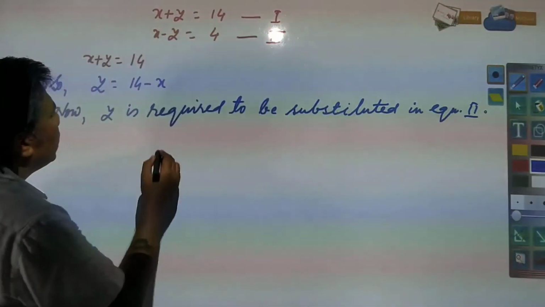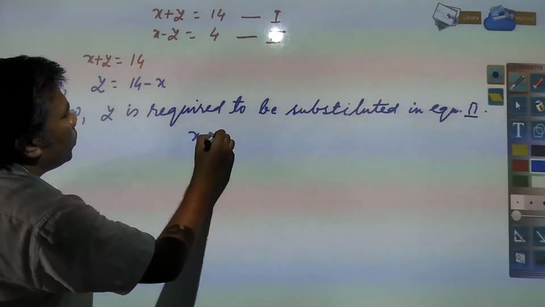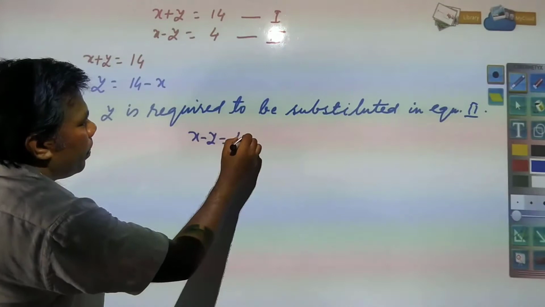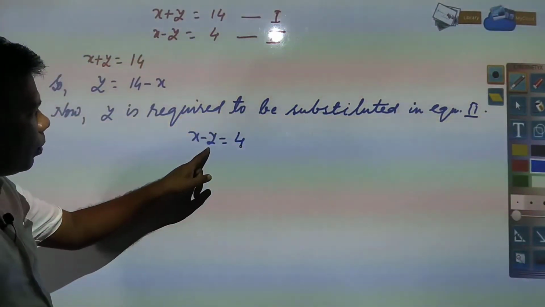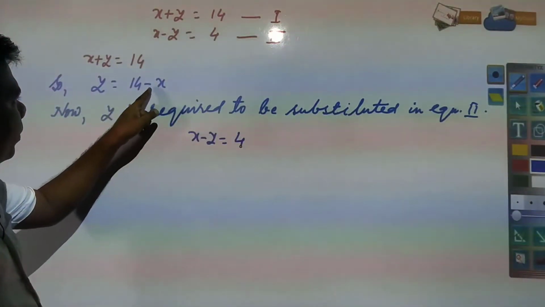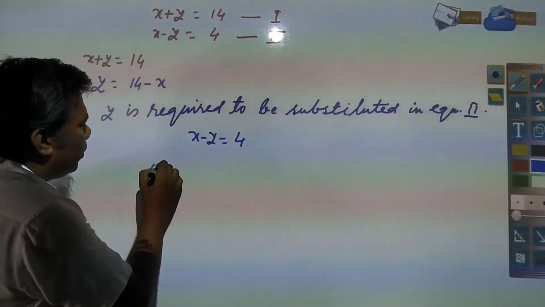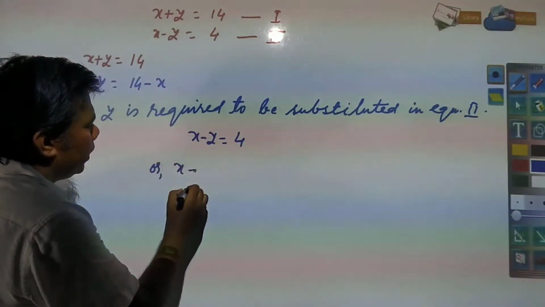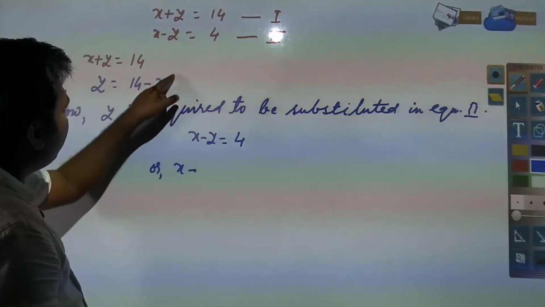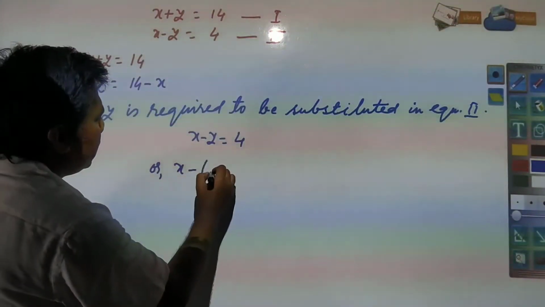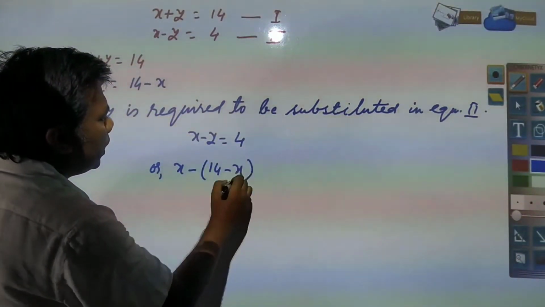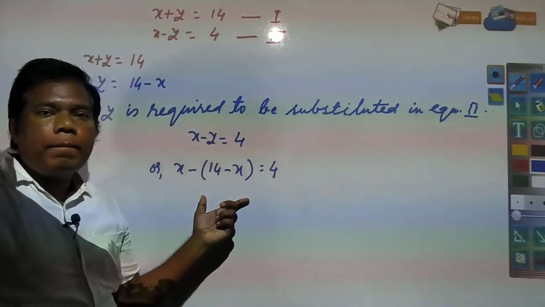Here you see your equation, you have x minus y is equal to 4. So here the value of y is required to be put, 14 minus x. So it can be written as x minus, in place of y we will write 14 minus x, and that is equal to 4.